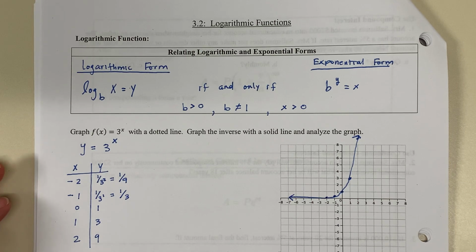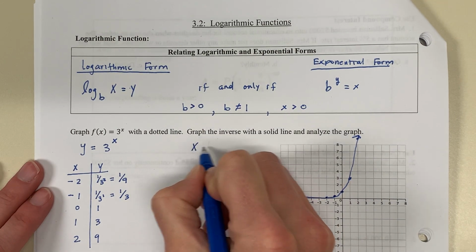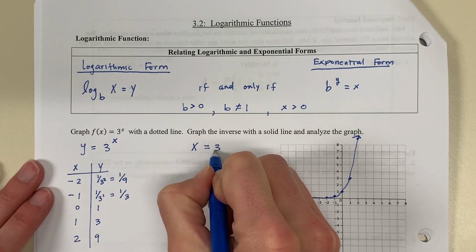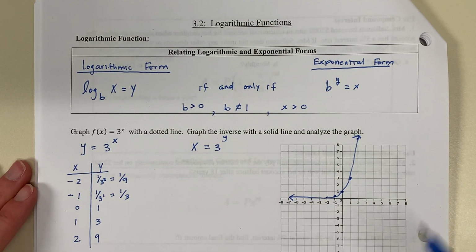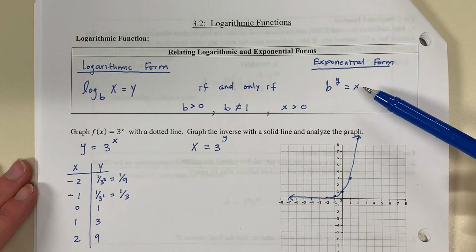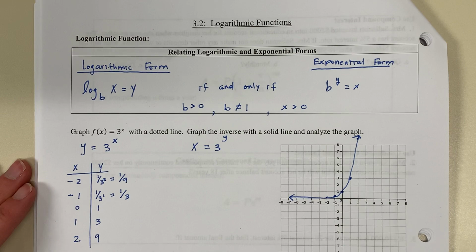Now, to find the inverse, we switch x and y, and we solve for y. So if I switch x and y, we have x equals 3 to the y power. Notice this is an exponential form. To solve for y, I'm going to put it in logarithmic form.